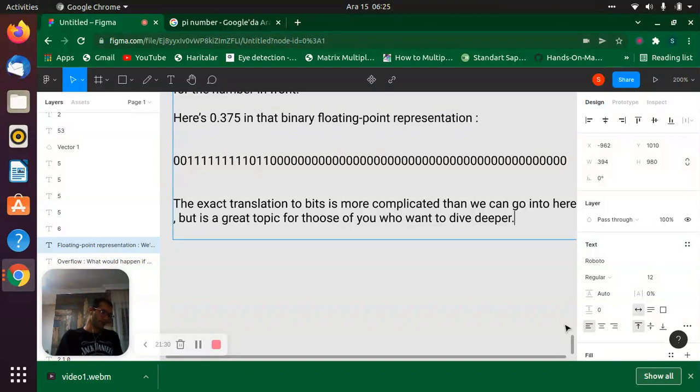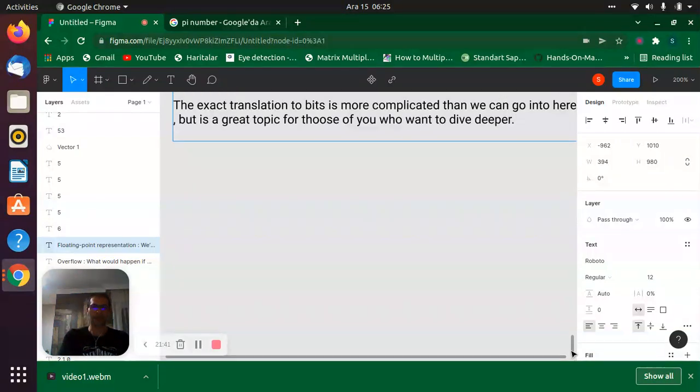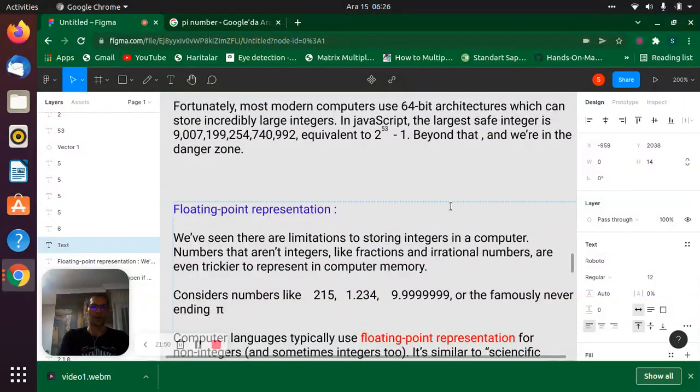So, anyway, the last point. Now we will speak about rounding errors.